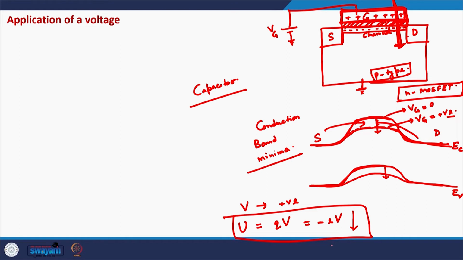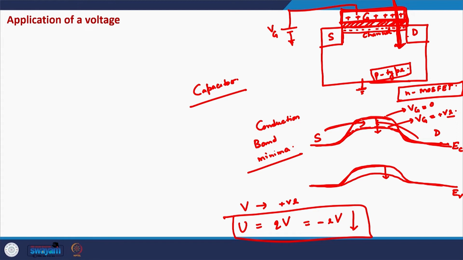And if the source and the drain terminals are identical, identically doped, in that case the number of electrons crossing the barrier from the source side will be exactly equal to the number of electrons crossing the barrier from the drain side. So even then, the net current, the current from left to right minus right to left, will still be 0, because we are assuming that the gate terminal is uniformly put across the channel.